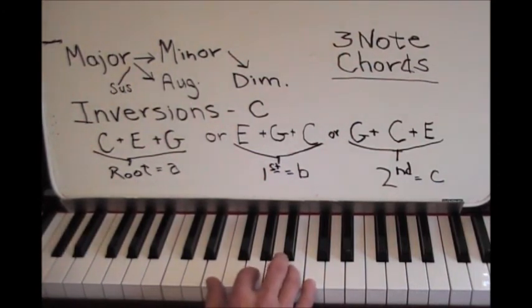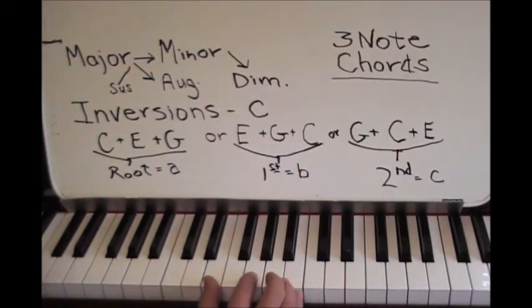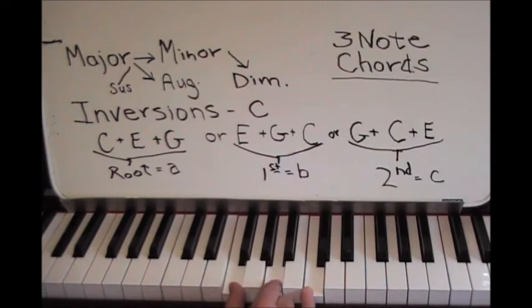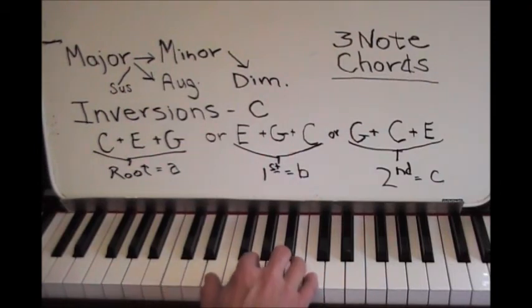I'm going to use my right hand so I stay out of the camera's way. But here's the first inversion of C, where I start on E and I play E, G, C. And then if I want to play F from there, I just move these two notes up, and now I've got F in its root position. And then if I want to play G, I can play it here in the second inversion. And it keeps everything within this one octave, so it goes like this.